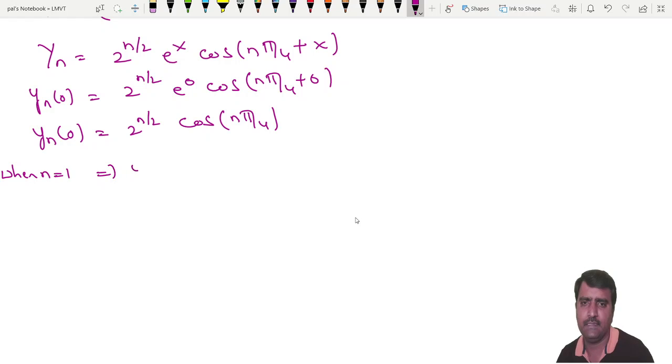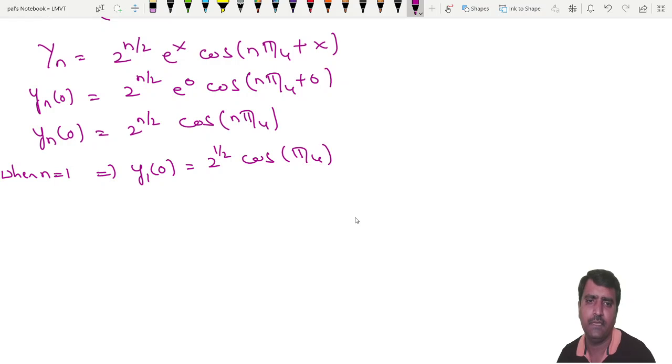When n is equal to 1, y1 of 0 is equal to 2 to the power 1 by 2 into cos of pi by 4. So 2 to the power 1 by 2 is square root of 2. Cos pi by 4 value is 1 by root 2. So root 2 cancels, which gives 1.